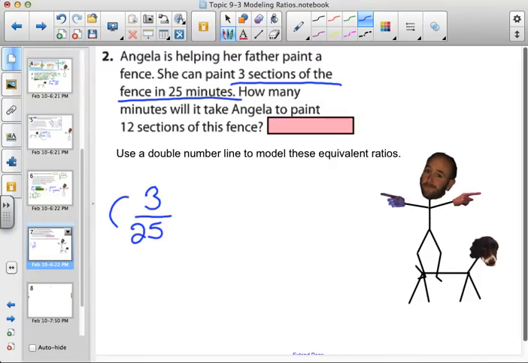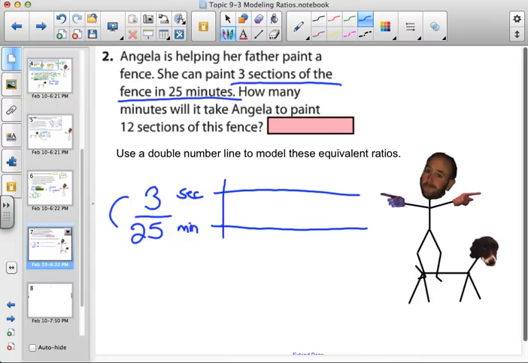Now, if we make a double line model, we're going to need a line for the sections, and a line for the minutes. So you'll have a double line, and each of these will become number lines.